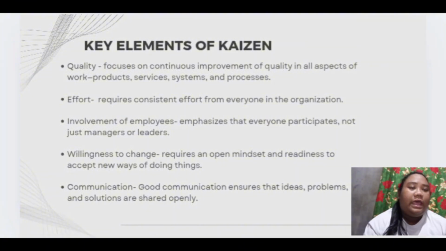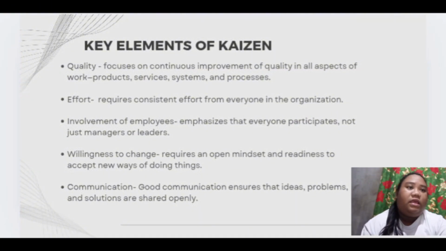So, there are key elements of Kaizen. First, quality. It focuses on continuous improvement of quality in all aspects of work, products, services, systems, and processes. Next, effort. It requires consistent effort from everyone in the organization. Third, involvement of employees.